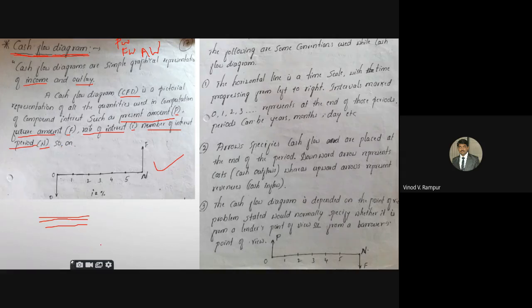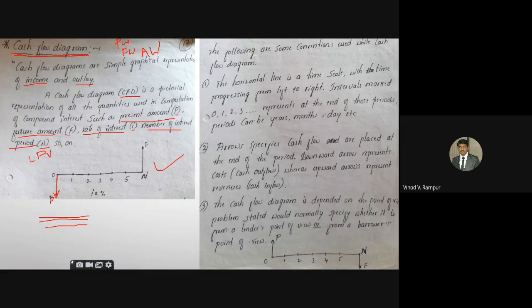Now whenever you are going to draw a cash flow diagram, there are two things you have to remember: lender point of view and borrower point of view. If I say lender point of view, the P value is being given to the other person.